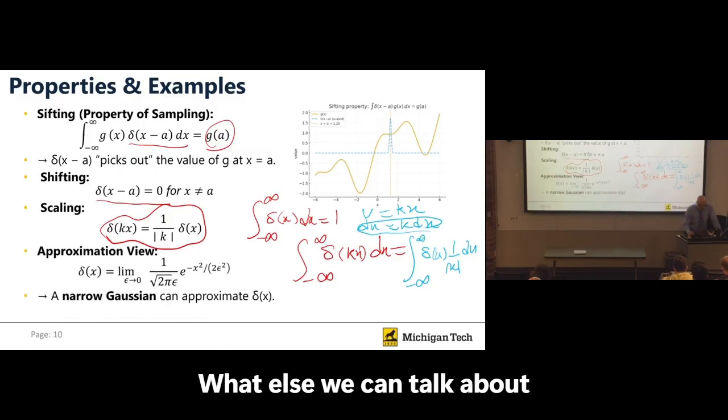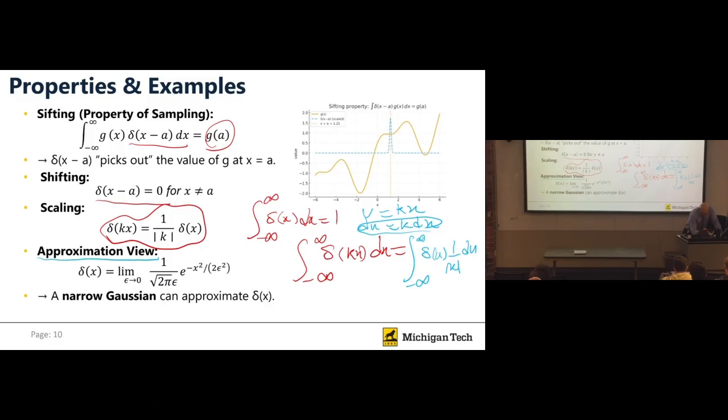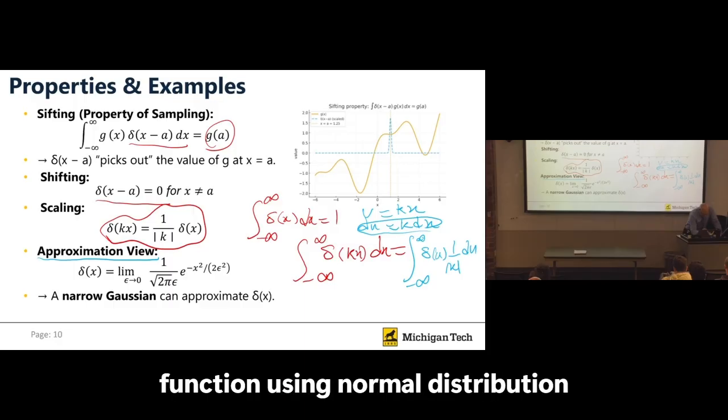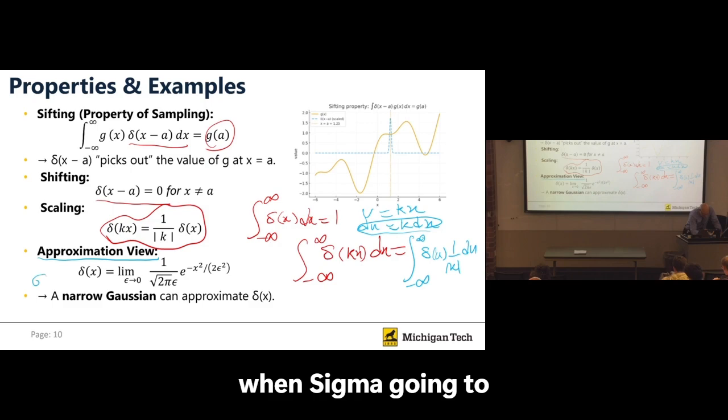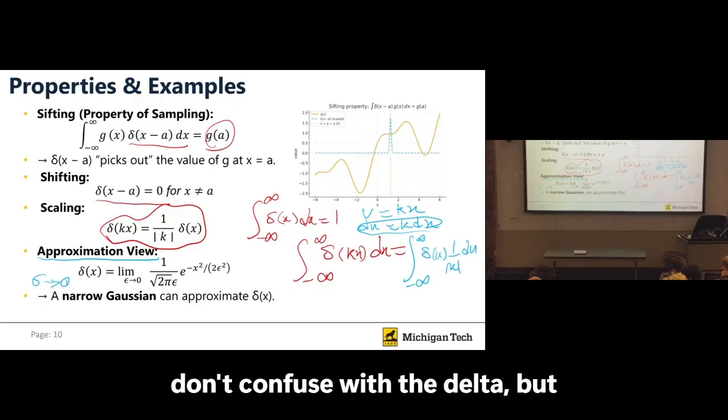What else can we talk about? Approximation, we already explained. We can approximate the delta function using a normal distribution when sigma goes to 0. Here we considered this epsilon instead of sigma, so as not to confuse it with the delta.